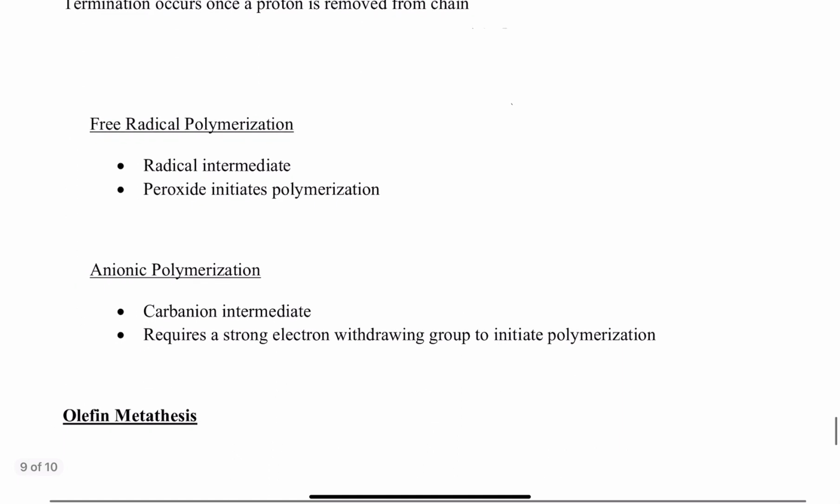For free radical polymerization, we'll have a radical intermediate, and because we're talking about radicals, now we're going to need a peroxide to initiate our reaction.